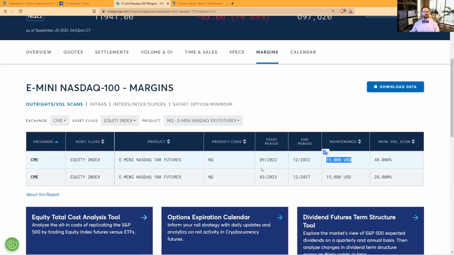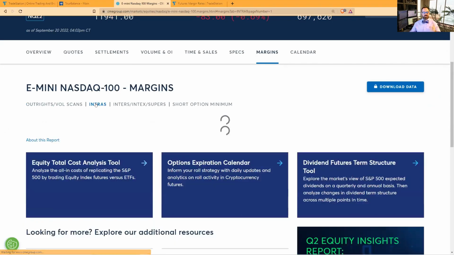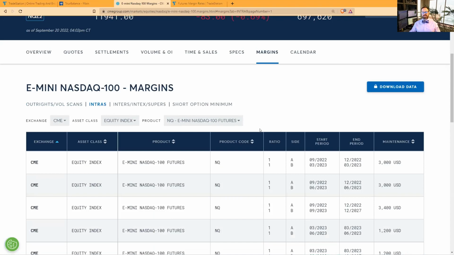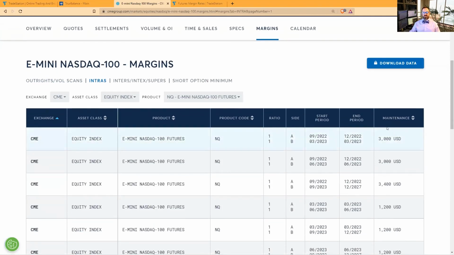Now, going back here, you'll notice there's other columns. Intra-market spread. Okay, now remember, for trading the NASDAQ overnight, it's $16,500 for one contract. But if I do it as an intra-market spread, first, before we get to the maintenance fees and everything, look right here. You see something called ratio. Actually, let's zoom in. There it is.